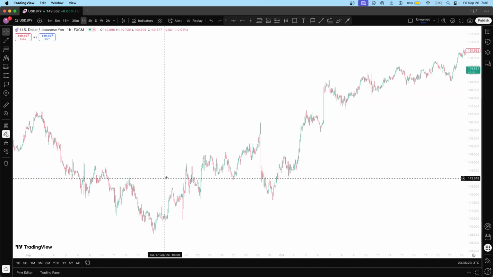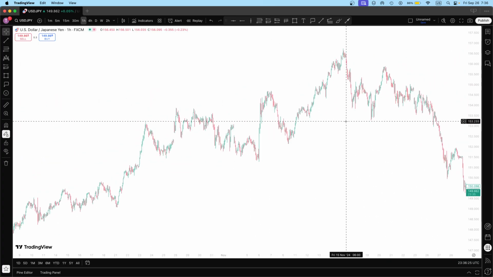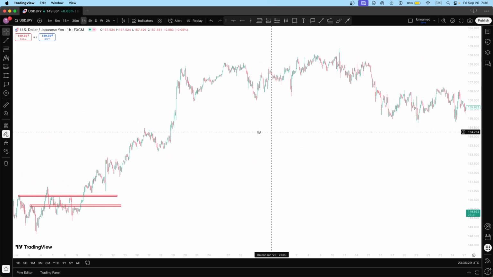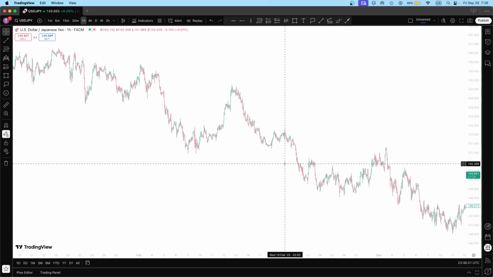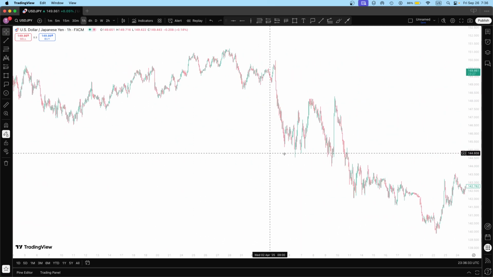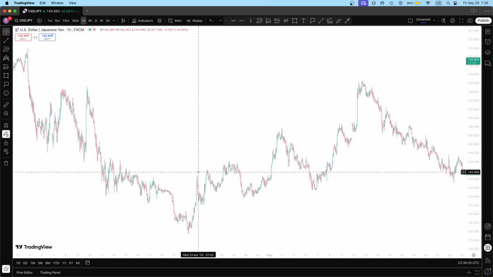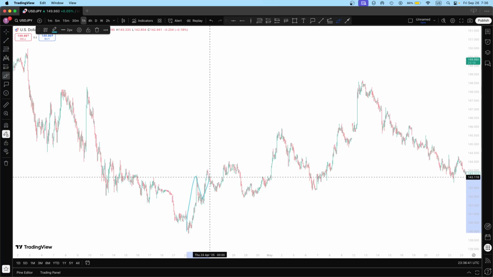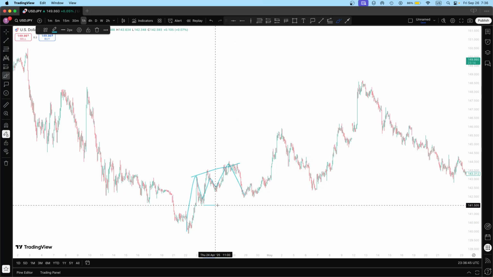So for reversal patterns it's always like this, and for continuation patterns we will try to find those levels when in the trending market, either it's trending up or trending down. So whenever we have an impulsive move, we look at the corrective structure, so we mark those corrective structures.